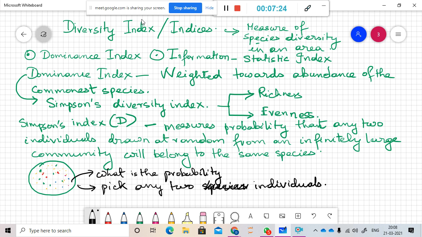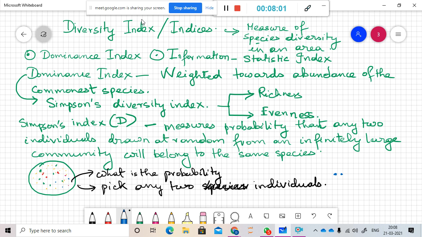What is the probability that those two will be, say, blue? If the number of individuals of the blue species is more, then that means there is more blue species than green species. So this is how the calculation is done in Simpson's Index.